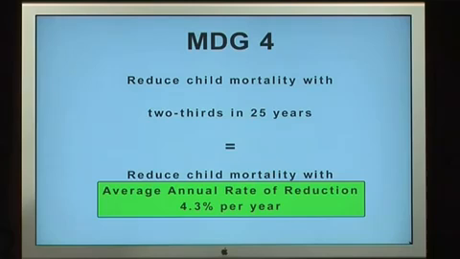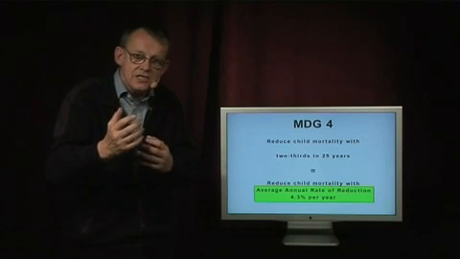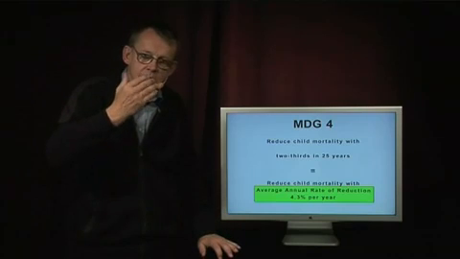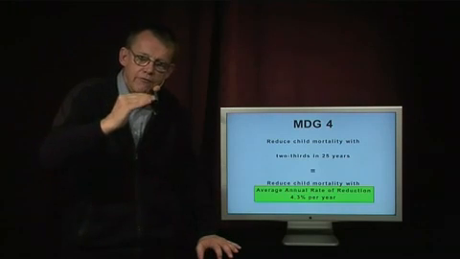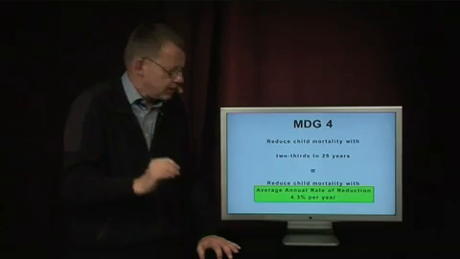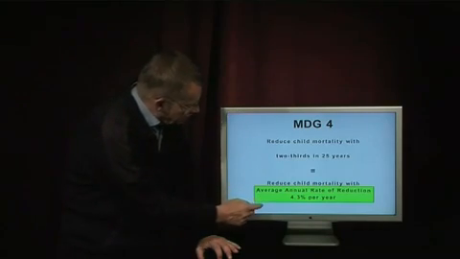This is a way to measure child mortality in the same way as we measure economic growth, in percent change per year. And the aim is to lower child mortality by 4.3%, more than 4% we could say. Now, let me give you an example.